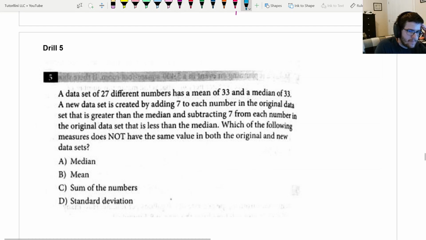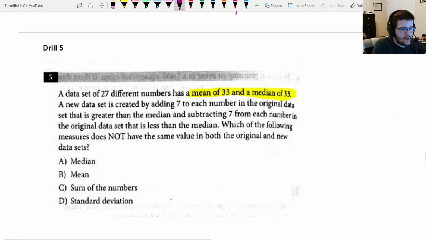the mean and median are measures of center. So the mean and the median are still that number in the middle, which didn't get changed. And notice how the mean and median are the same.